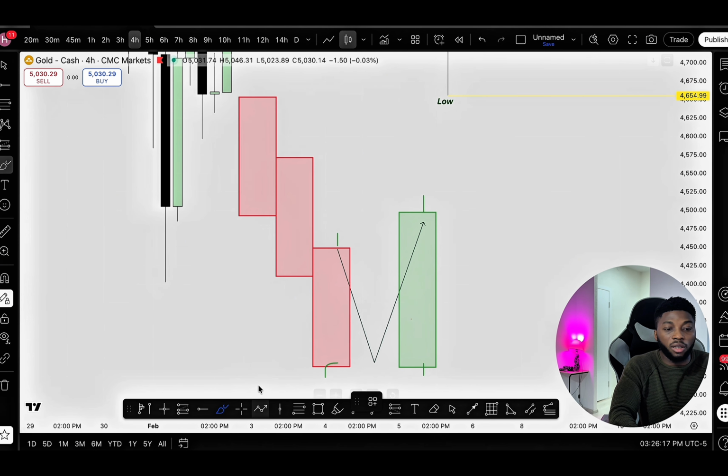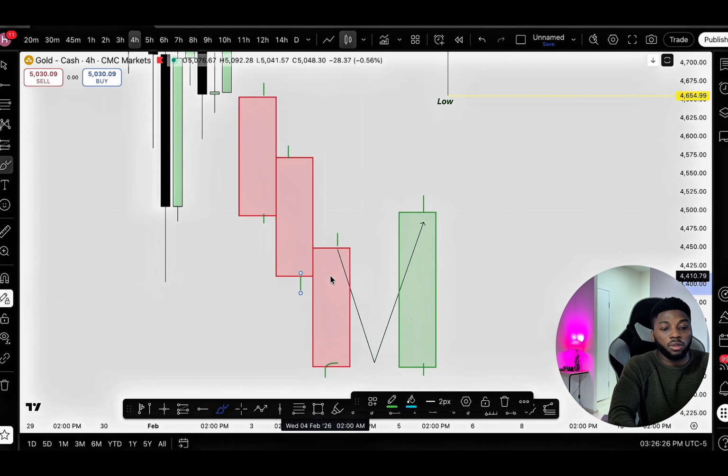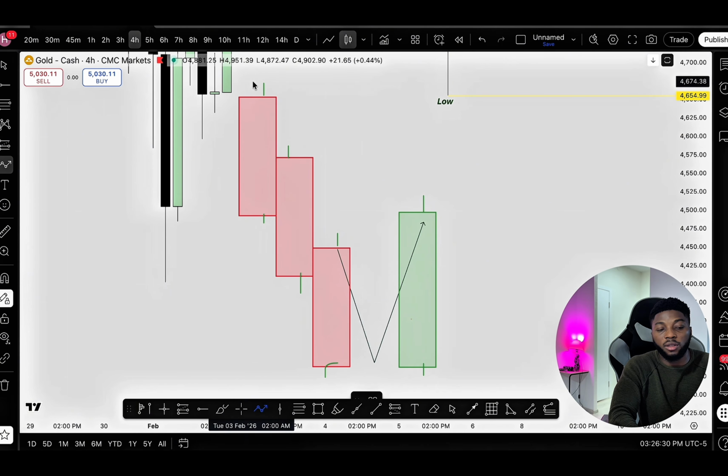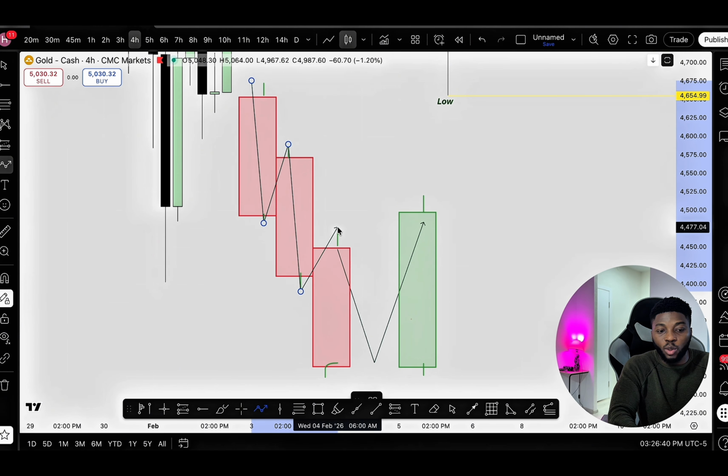And I think I should bring out the wick again, because we need to mark the high from the wick, as we said. So this is the highest point of the candlestick, this is the lowest point: high, lower low, high, lower high, lower low, lower high, lower low. You understand? We know that already.